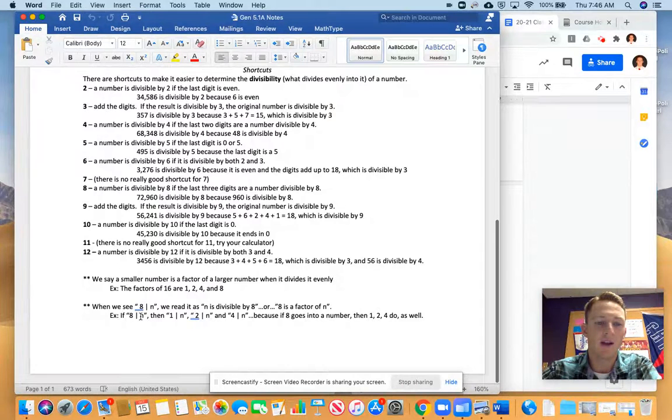So if n is divisible by 8, then n is divisible by 1, and n is divisible by 2, and n is divisible by 4, because if 8 goes into this number, and we don't know what the number is, right? But if 8 goes into this number, we know that 1, 2, and 4 go into that number as well, since 1, 2, and 4 go into 8. They're just smaller. They're factors of 8. So if 8 is a factor of something, 1, 2, and 4 are also factors of that same number.